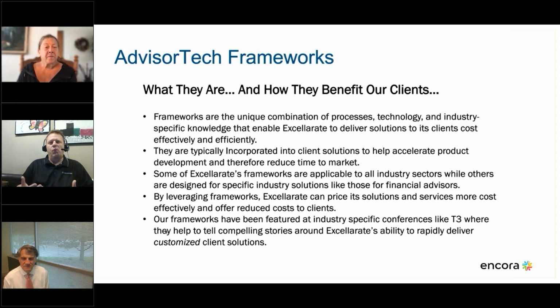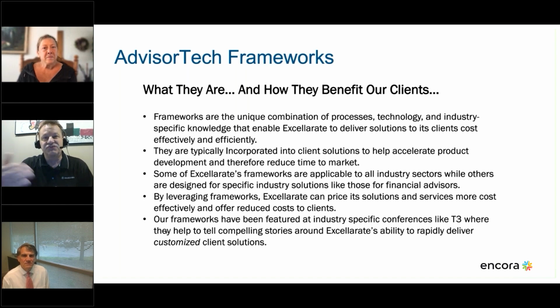What we define a framework to be is an amalgamation of process, technology, and subject matter expertise coming together to deliver that solution effectively and efficiently. It's typically incorporated into client solutions. Our framework becomes part of the basis of the client solution, so you're not starting from the ground up, but you have a springboard.